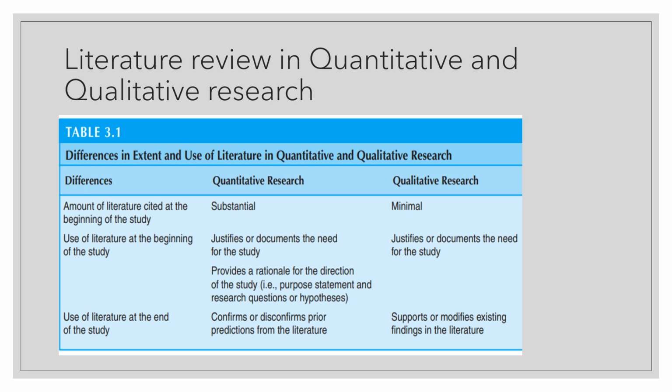So the study that you conducted modifies the previous finding. The first finding is only helpful, and your finding modifies it, so that it is helpful in developing reading skill. So that's the difference between the literature at the end of the study in quantitative and qualitative research.